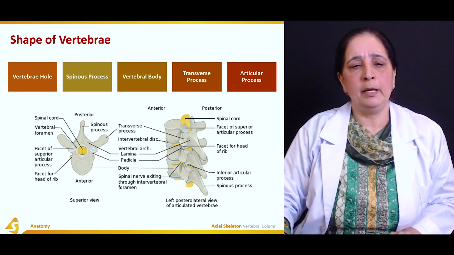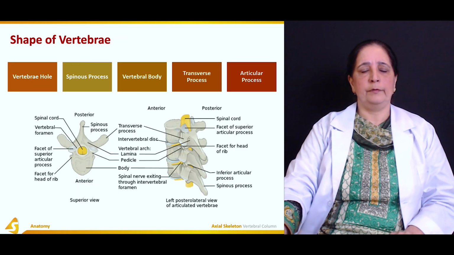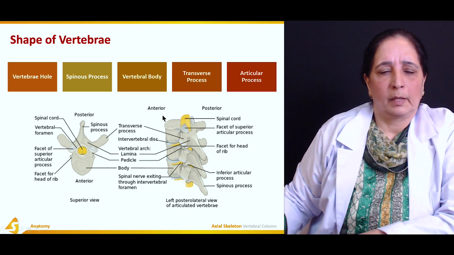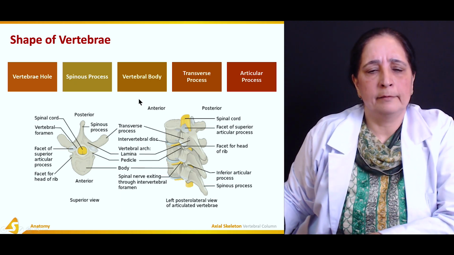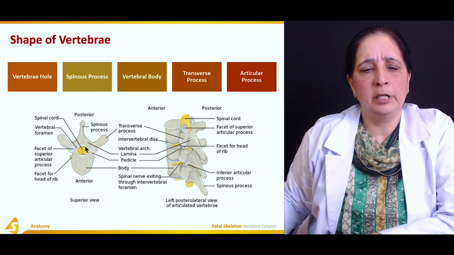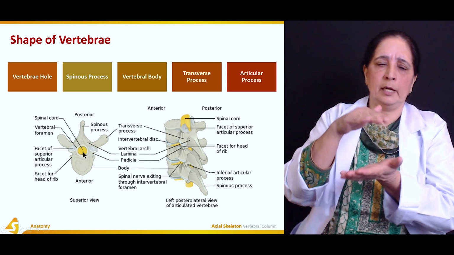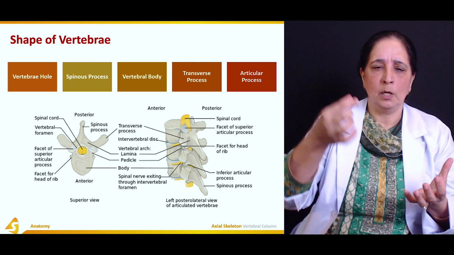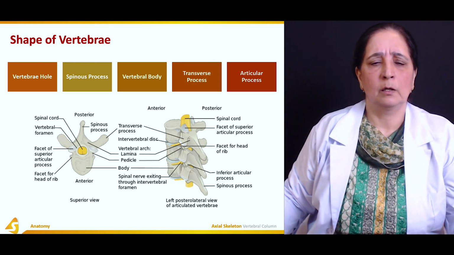Next, briefly about the structure of the vertebra. The vertebra has this hole through which the spinal cord is passing. Each vertebra overlaps the others, so there is alignment of this canal.